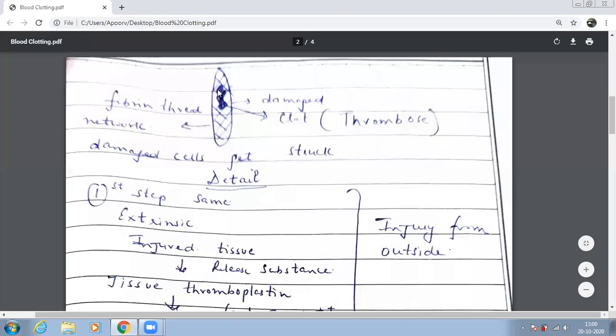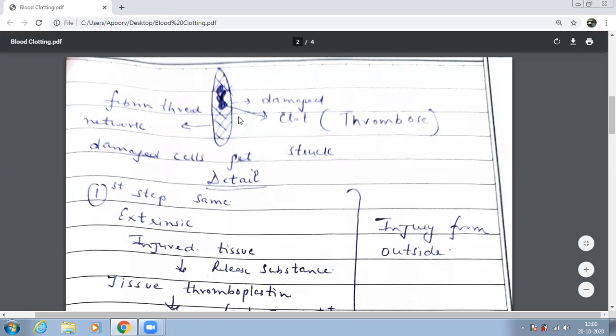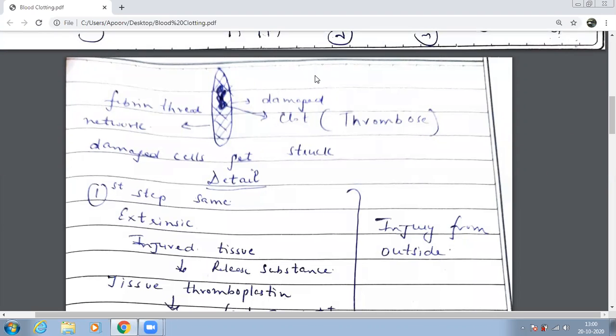Now tell me, what is this structure that I've drawn? This is a damaged or injured cell. And this network that you can see, these threads, what is this? Fibrin threads. Fibrin threads were prepared in which step of blood clotting?